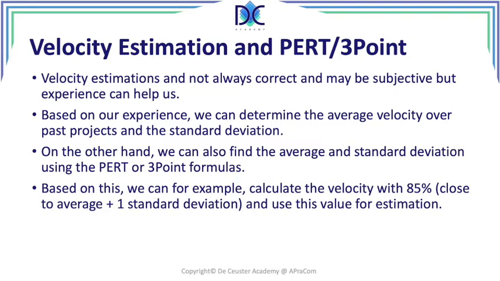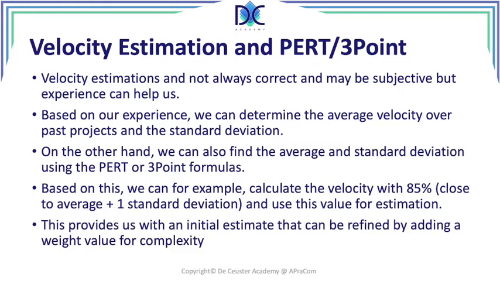Basically, this gives us a better estimation. Average plus 1 standard deviation is like 84% probability, so 85 is not far away. Let's take for the simplification 1 standard deviation and use that value. Now, we have an initial estimate that can be refined, for example, also by adding a weight.